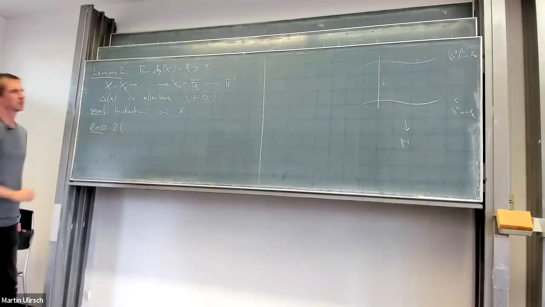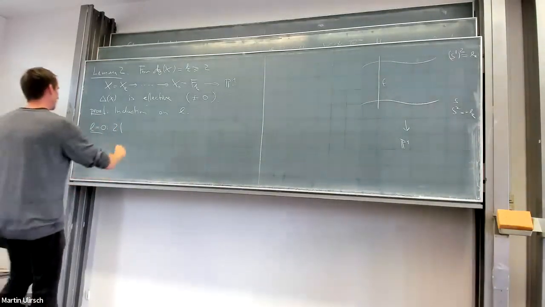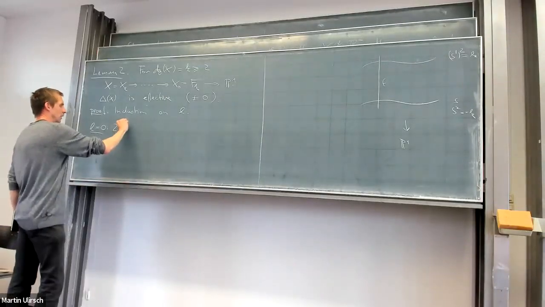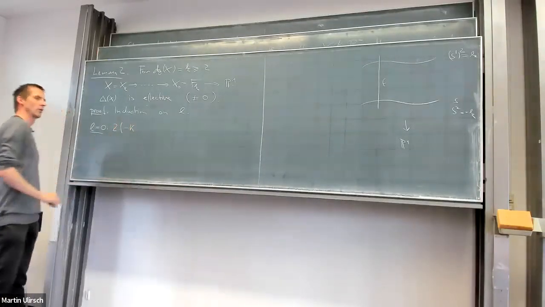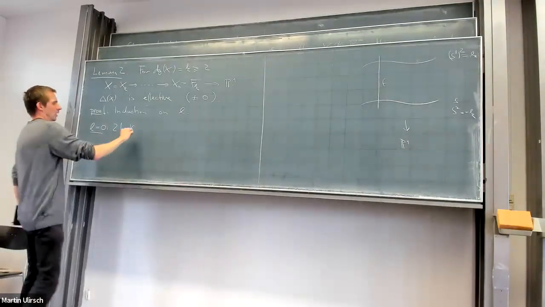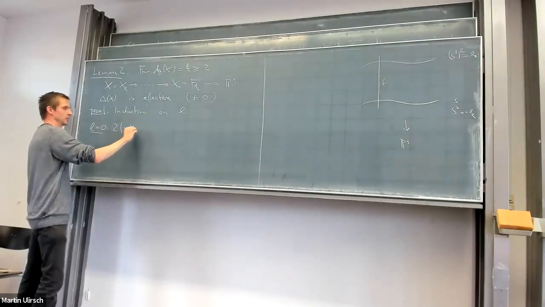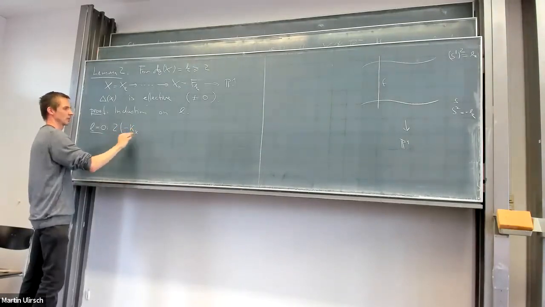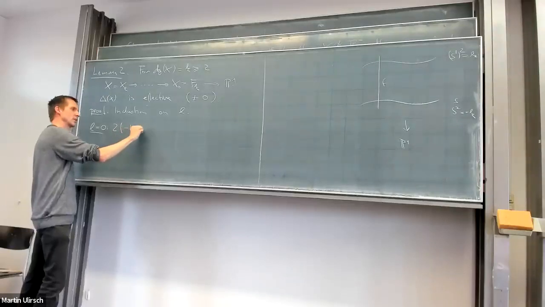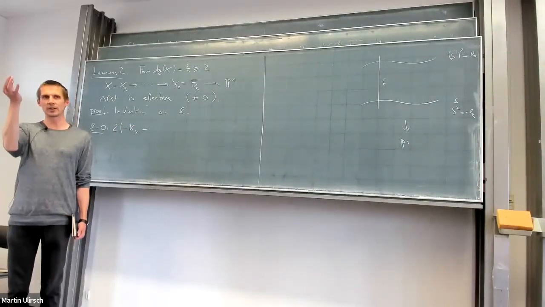So what we are interested in is 2 times the relative anti-canonical, the relative tangent bundle. The first Chern class of it is given by the relative anti-canonical divisor. But what is this? This is the anti-canonical divisor minus the anti-canonical divisor from downstairs.